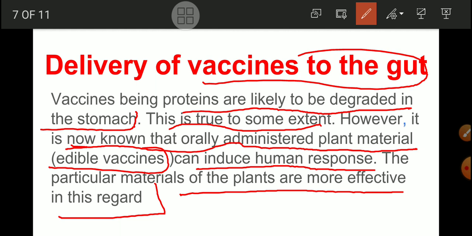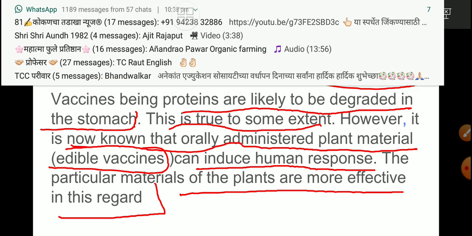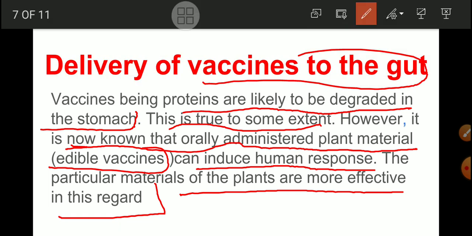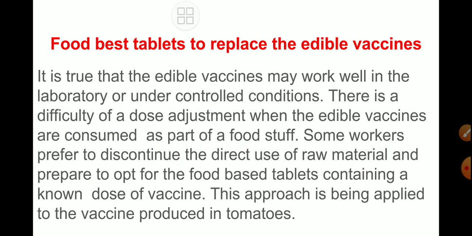Most of the time the problem arises that a vaccine taken through edible fruit material can get digested in the stomach of the human being, and the effect of that vaccine may not be found in the body, but that problem we can overcome very easily.